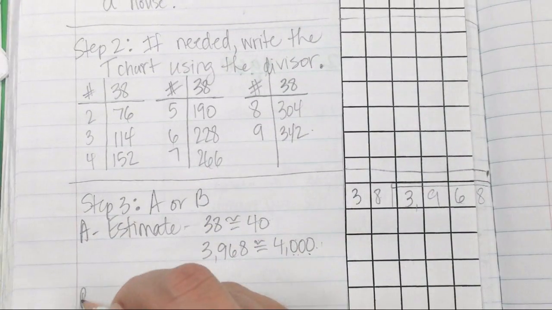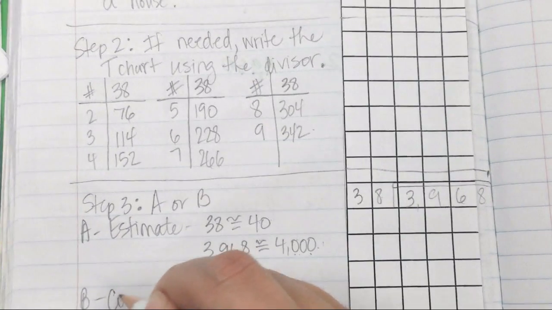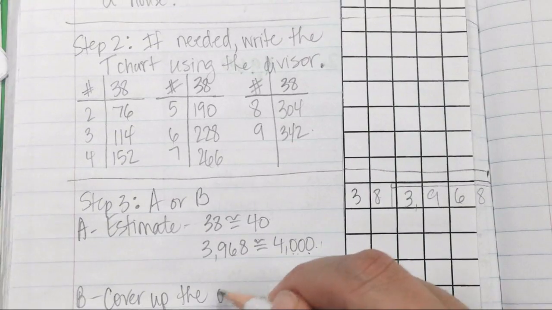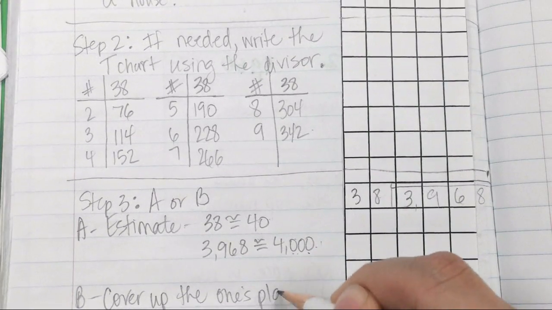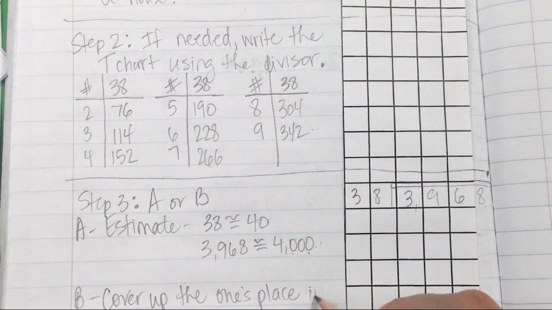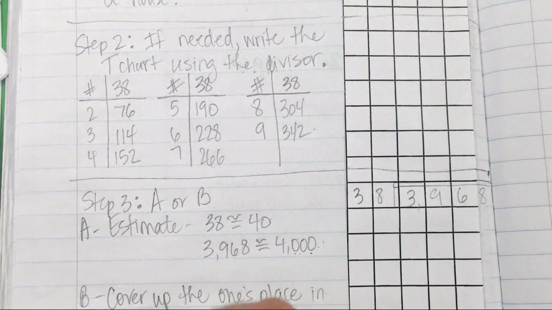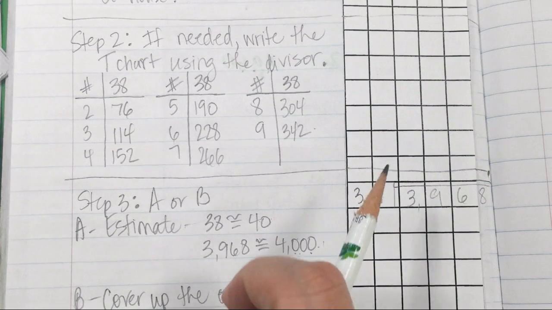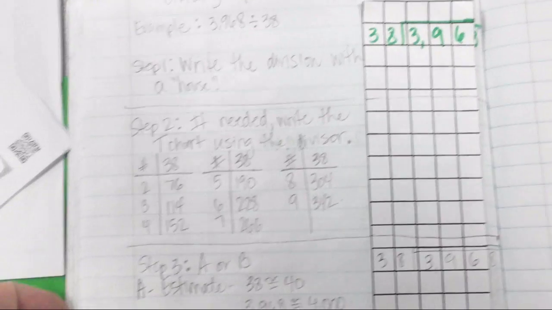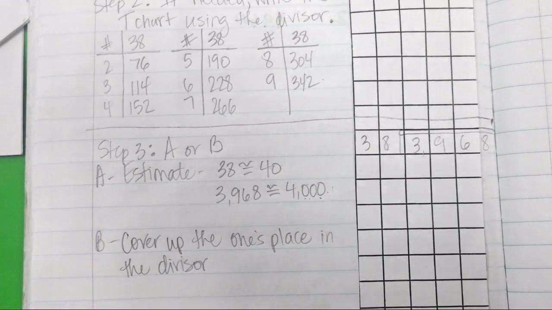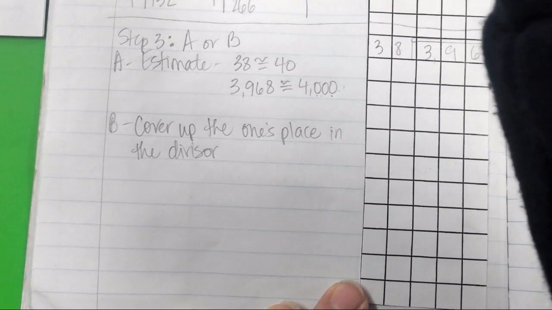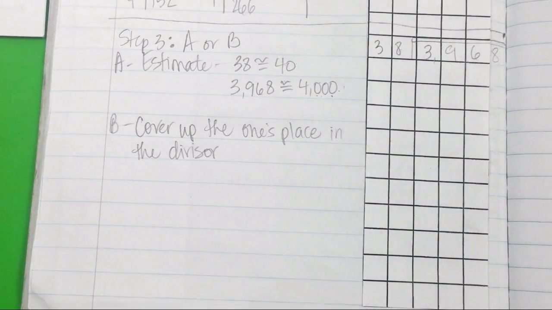Or, B, you're going to cover up the ones place in the divisor.